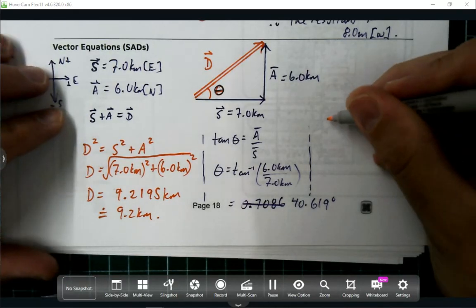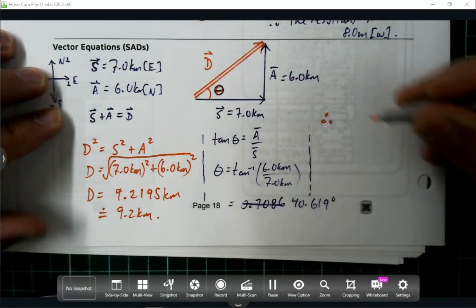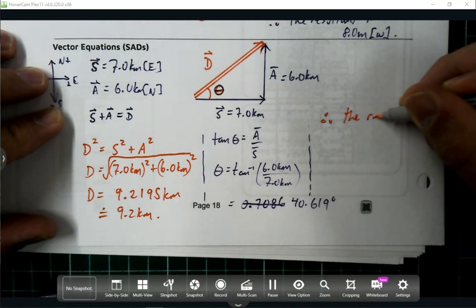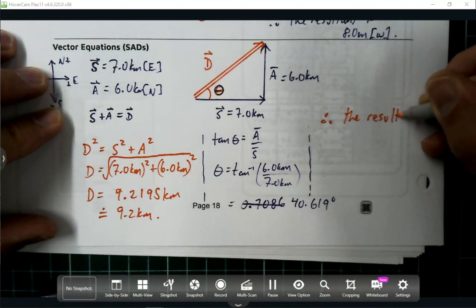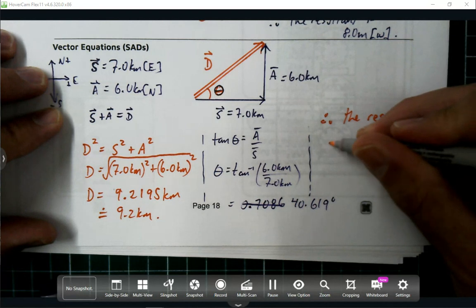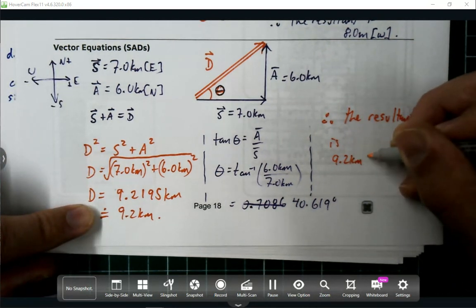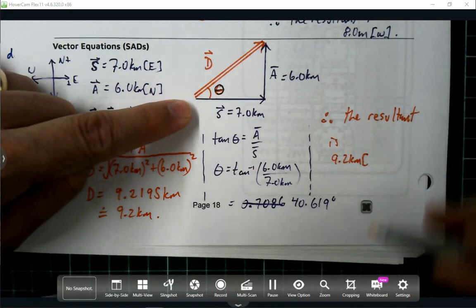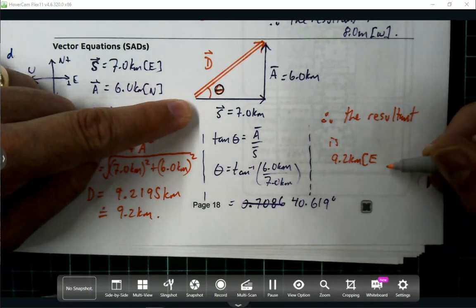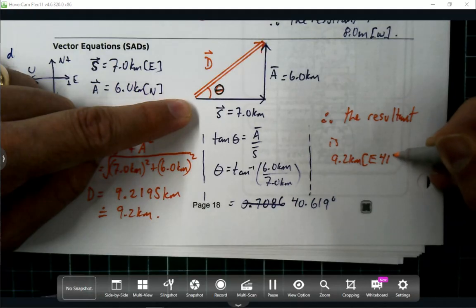But then if we're going to do a therefore, we could say therefore, because we don't have any real story here, we're just going to call it the resultant. Therefore, the resultant is 9.2 kilometers, open bracket, east, 41 degrees north.